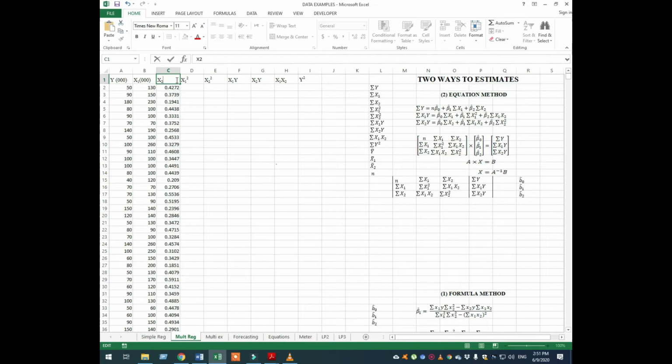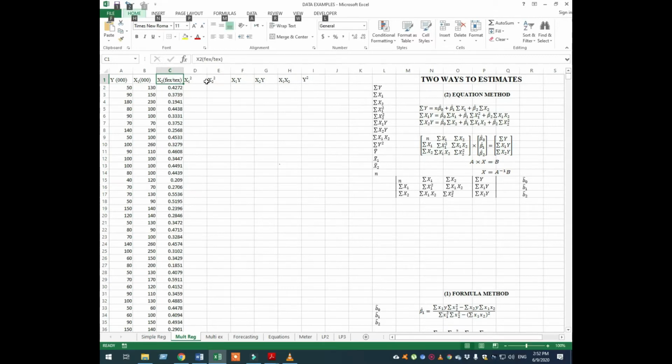Right now I'm just giving you the unit measure as the food expenditure to total expenditure, which is in ratio form.